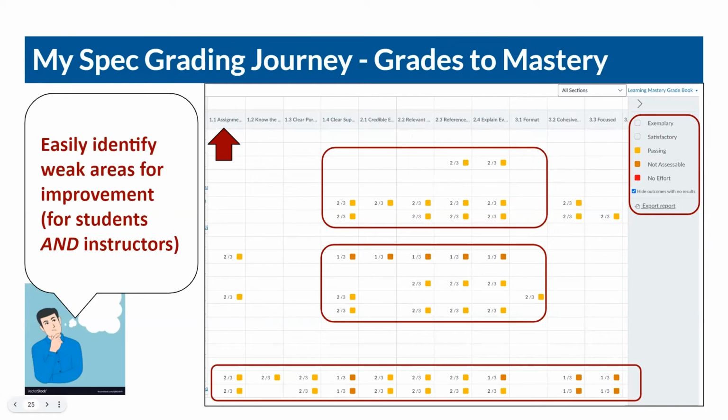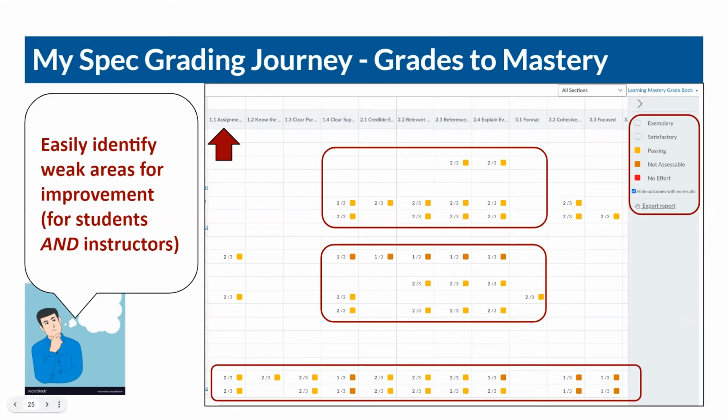So it's something that I have information I can use to either emphasize that more during discussion, or bring in extra resources to help them. Now, from the student view, I don't have a student view here, they can also understand and see their weak spots based on the color scheme. So again, I try to explain that to students as well.